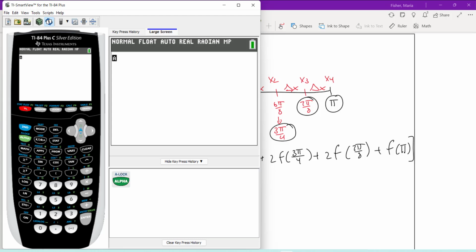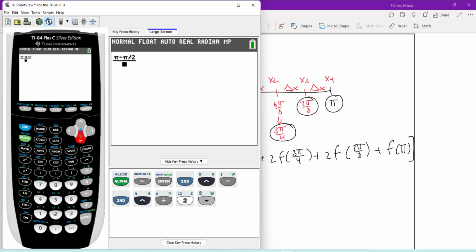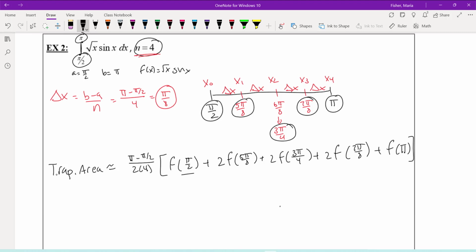Again, we know that this was b minus a over 2n, so in this case pi minus pi over 2 over 2 times 4, and then it's going to be times the function's value at pi over 2. Recall your function is the square root of x times the sine of x.